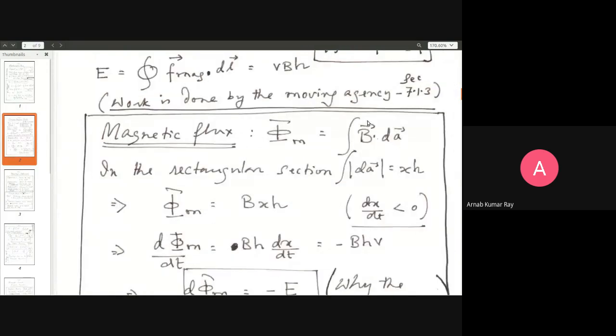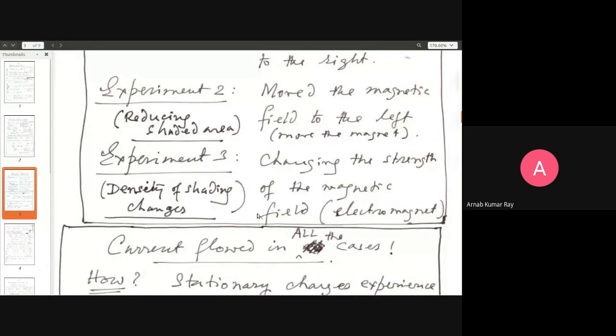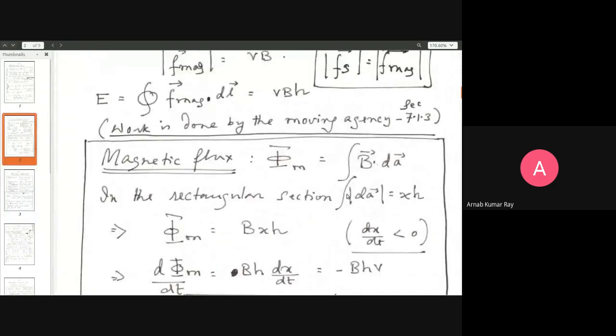In this integration, we did not do that. We did not change the strength of the magnetic field. That is to say, we did not change the magnitude of the magnetic field, and the direction was also fixed. So that's why it was constant and we could pull it out of the integral. But now we are changing the strength of the magnetic field by, let us say, using an electromagnet. If you are using a simple static bar magnet, that will not happen.